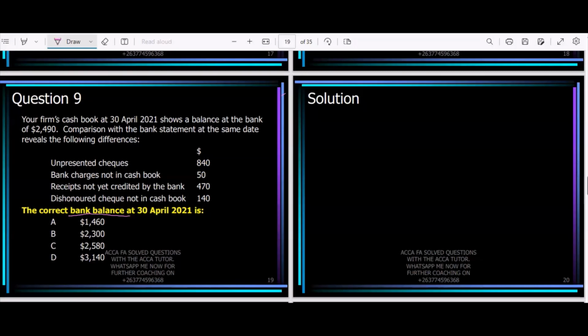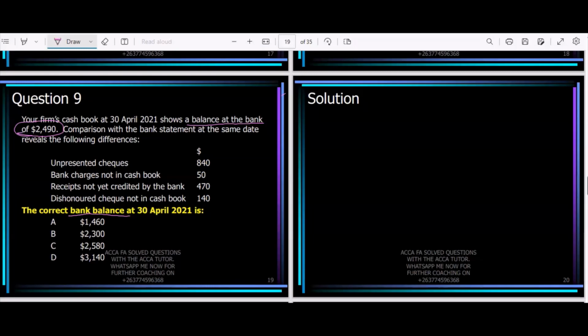Okay, so if we are given the balance per cash book of 2,490, it means that when the examiner again asks us to have a balance per cash book, he wants us to determine the corrected balance per cash book. Okay, so in that regard, we then have to know which items should be used to update the cash book and which ones should not be used.